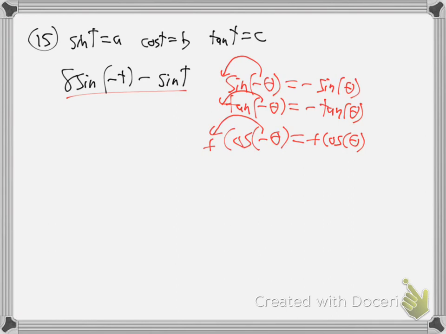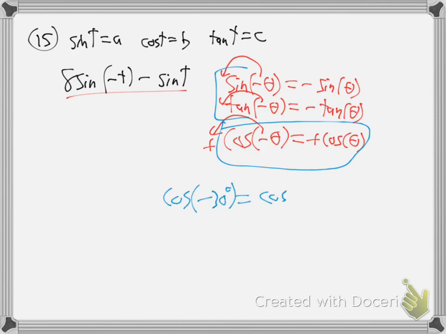It's a special truth for these. So for sine and tangent, negatives plugged in come to the front. For cosine, the negative just vanishes. So if somebody asked me, what's the cosine of negative 30 degrees? I just look up the cosine of regular 30. The negative is just gone.